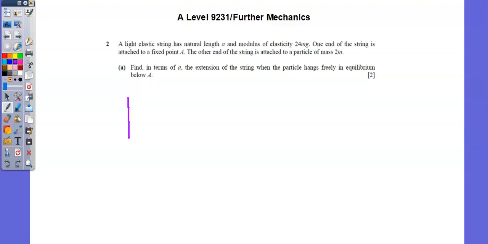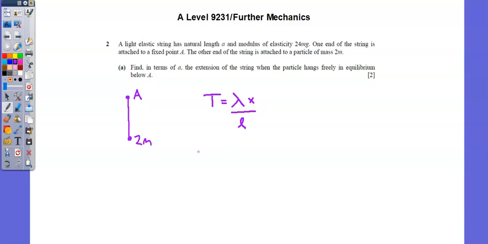My string is hanging vertically from point A, and the end has a particle with mass of 2m. I'm looking for the extension, so the formula: tension equals modulus of elasticity times x, representing the extension, divided by L, which is the natural length.